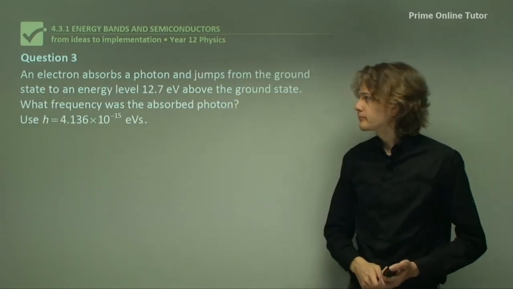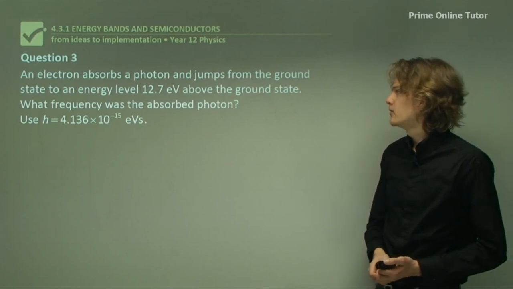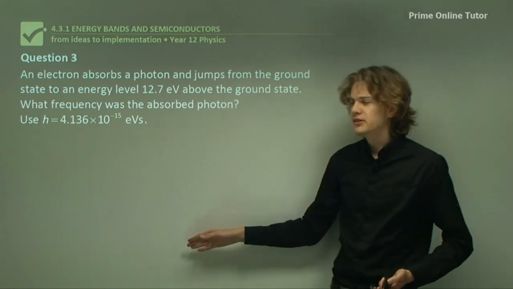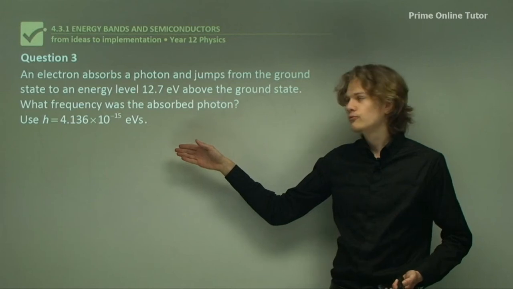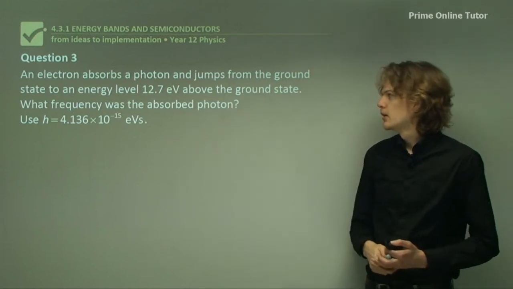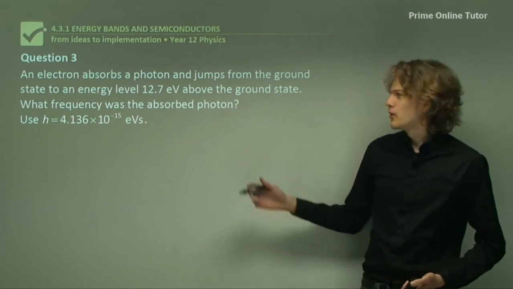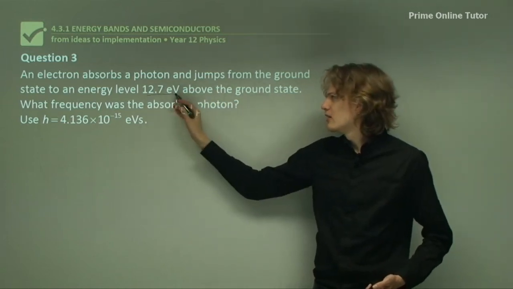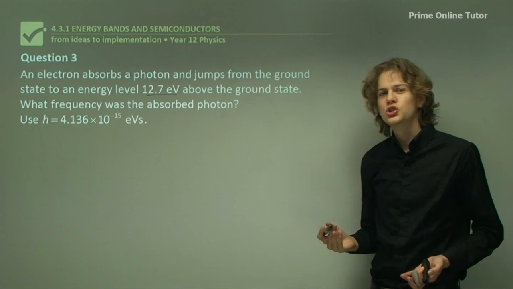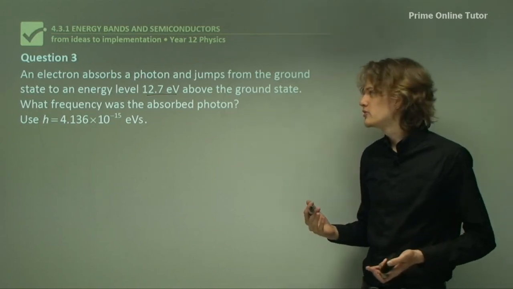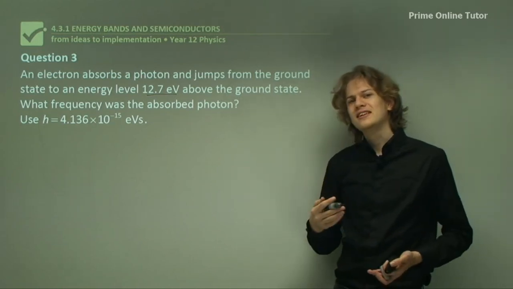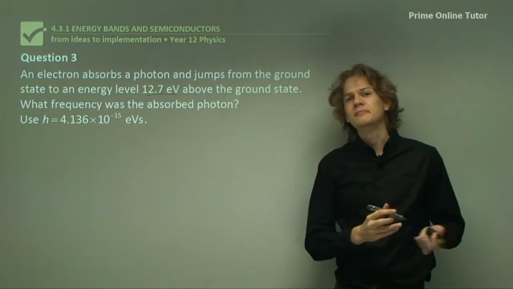Question 3. An electron absorbs a photon and jumps from the ground state to an energy level 12.7 electron volts above the ground state. What frequency was the absorbed photon? You can see here that because we're using 12.7 electron volts, it's a lot easier than using joules. If we were using joules, it would be something more like 1.6 times 10 to the minus 18.